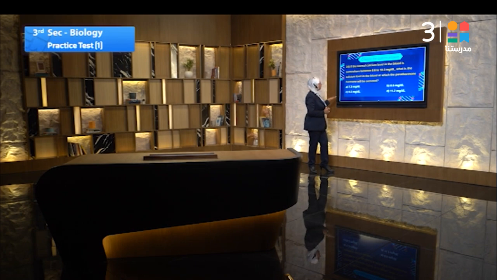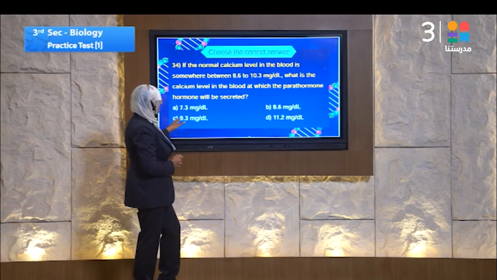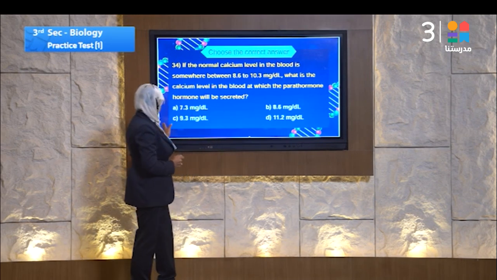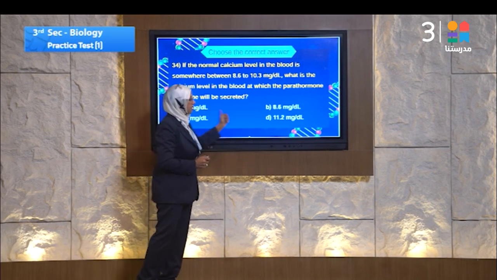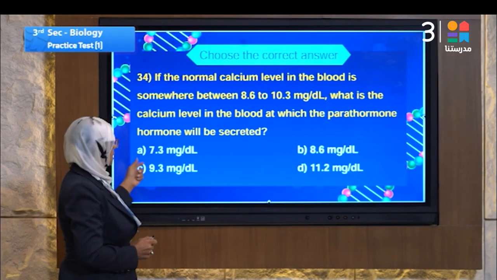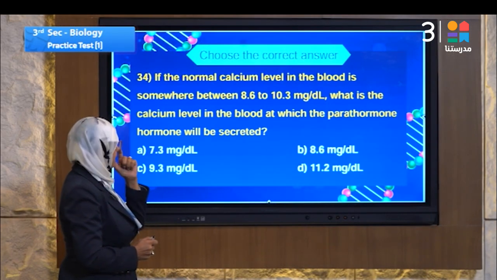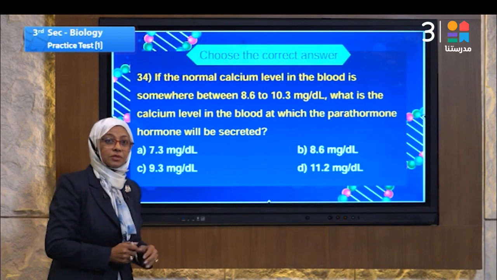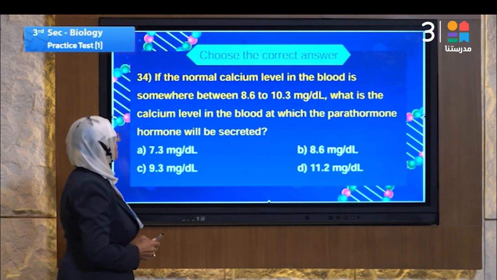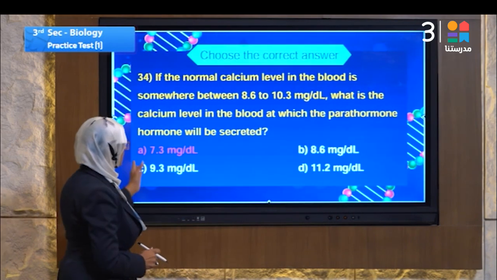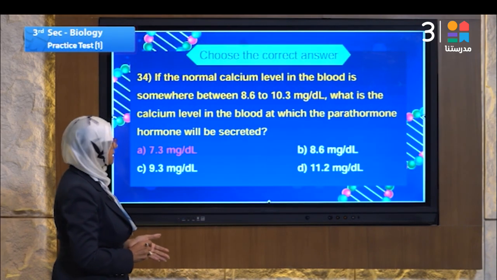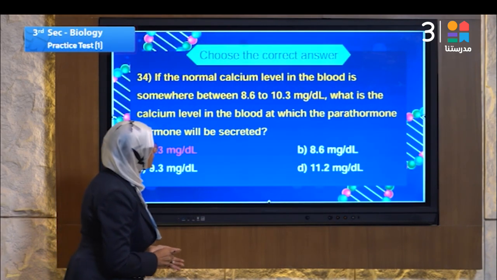Which of them are decreased from the normal? 7.3, 8.6, 9.3, 11.2. All of them are high except number A. A, 7.3 milligram per liter. That's the decrease of calcium level. So the answer must be A, 7.3 milligram per liter.